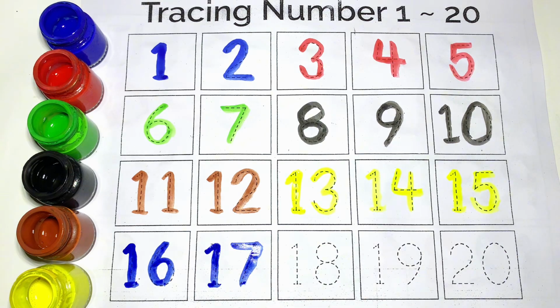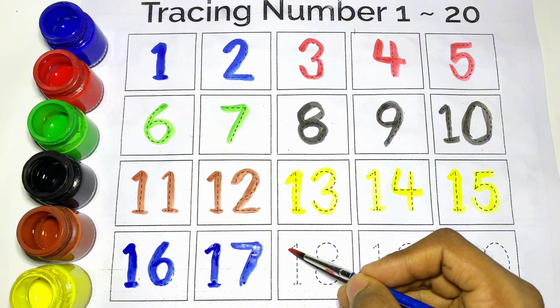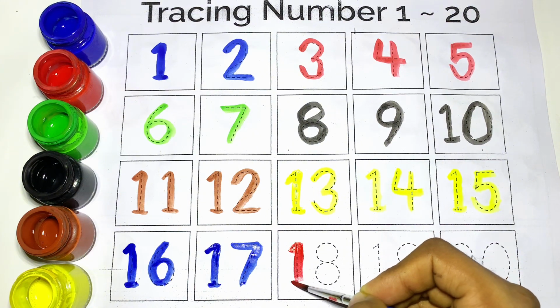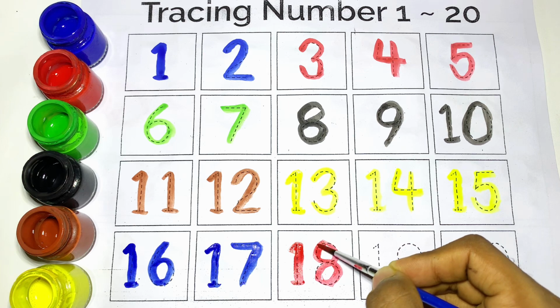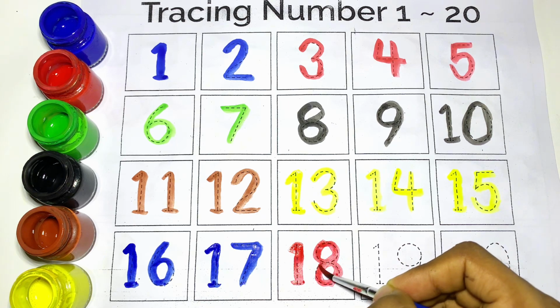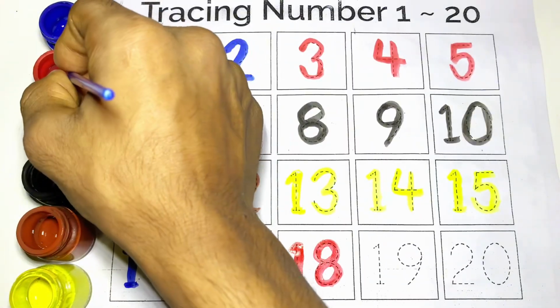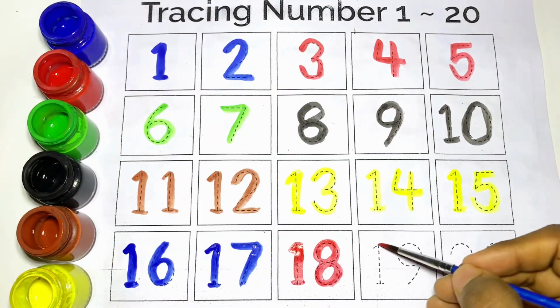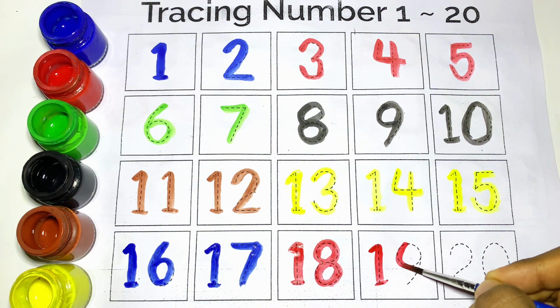Kids, now draw 18. The number 18, and use red color. Kids, again use red color and draw 19. The number 19.